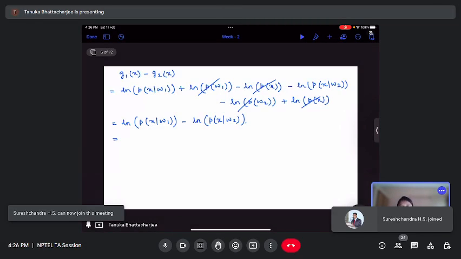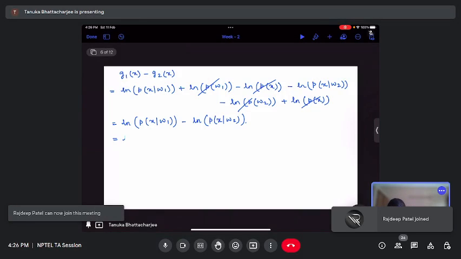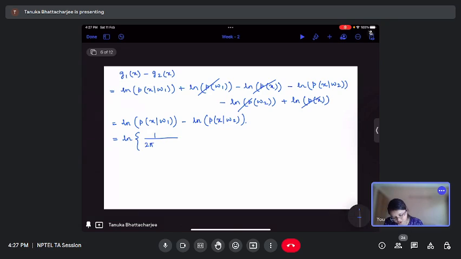We will just put mu1 for class omega 1 and mu2 for class omega 2 as the mean, and sigma 1 and sigma 2 for the covariances. So we can just write this as ln of 1 by (2 pi) to the power d by 2 is the formula.